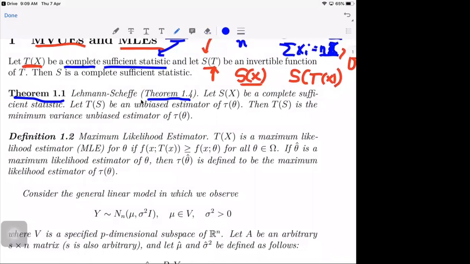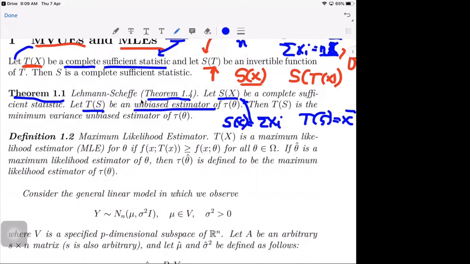This theorem tells us that if S of X, a function of X, is a complete sufficient statistic, and T of S, or if you write T as a function of S, is a transformation on S. Here, this is a complete sufficient statistic, so this will be our summation of xi, and T of S here will be our x bar, a transformation on the S. This is our S of X. So if T of S, aside from being a complete sufficient statistic, is an unbiased estimator, so if our x bar is an unbiased estimator, then our T of S is the MVUE, or the minimum variance unbiased estimator.